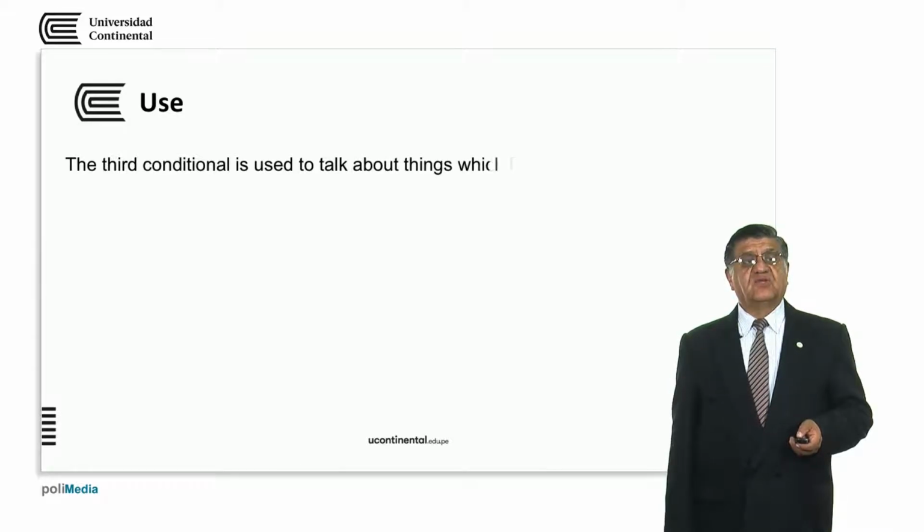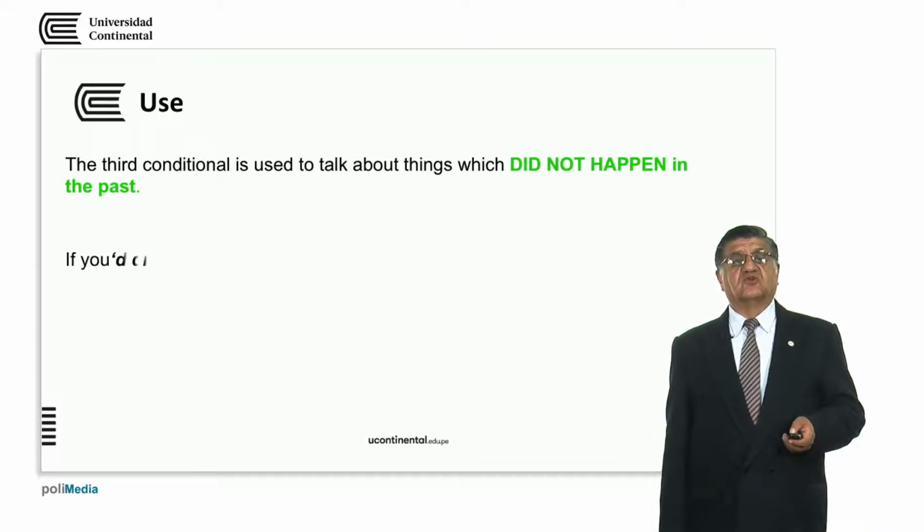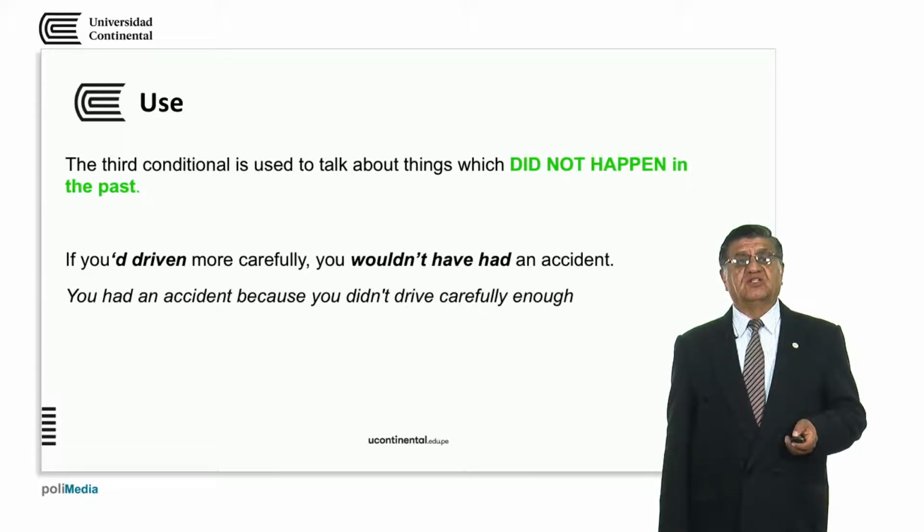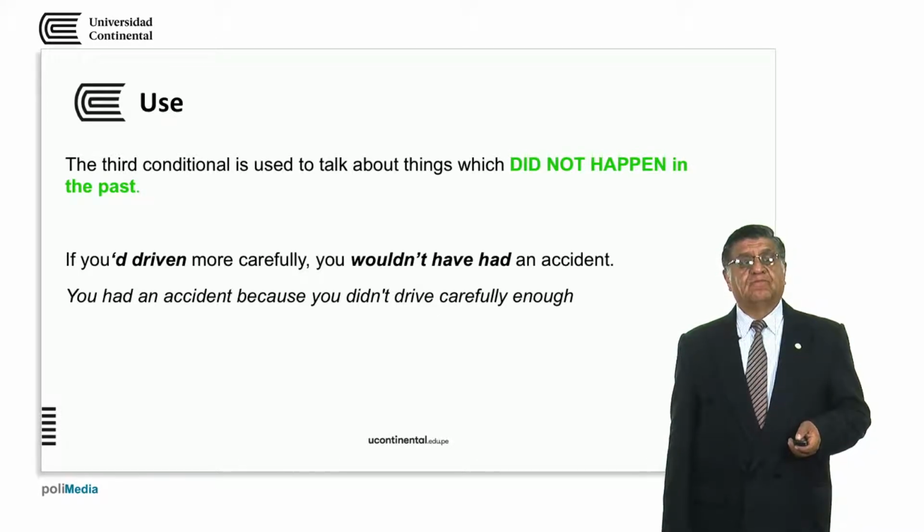Okay. The third conditional is used to talk about things that didn't happen in the past. It was a possibility in the past, actually. If you'd driven more carefully, you wouldn't have had an accident. Okay?